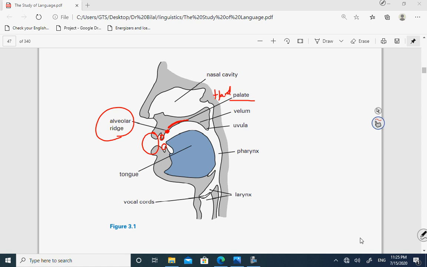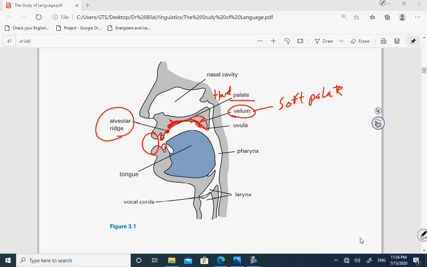Then this area here is known as the velum, or soft palate, because it is made of muscles. This area is made of bones, this area is made of muscles, and this area is made of bones. So this one is hard, and this one is soft.